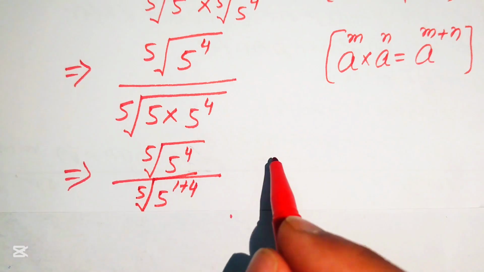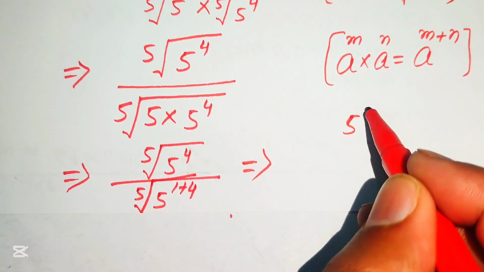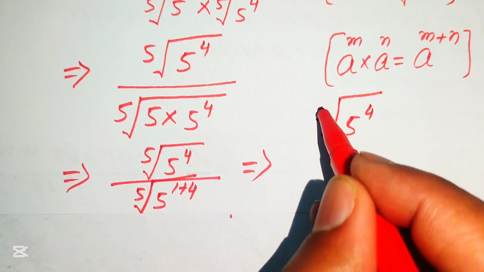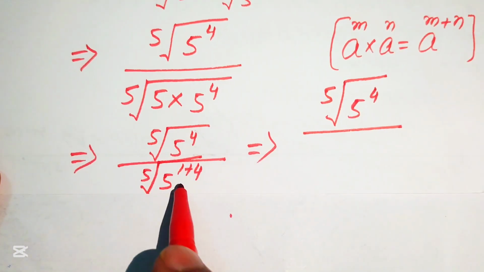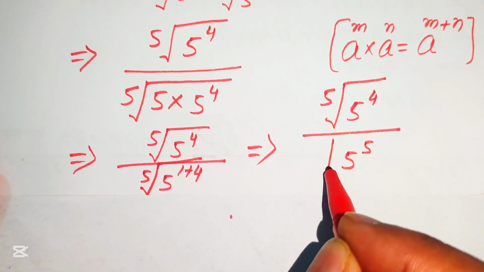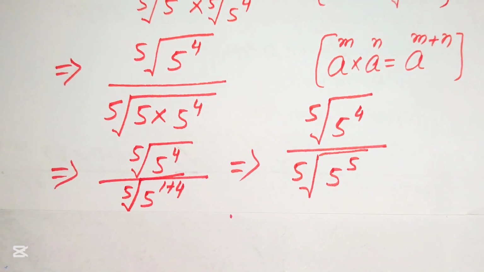Since 1 plus 4 becomes 5, we write it as the fifth root of 5 to the power of 5.